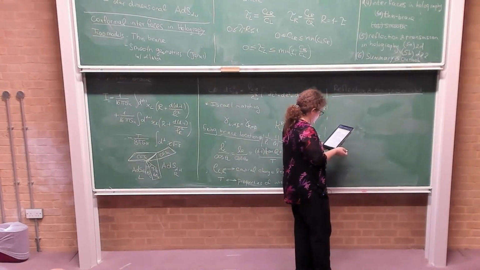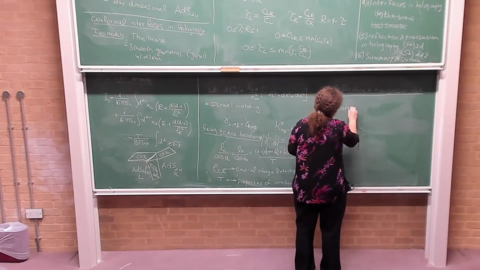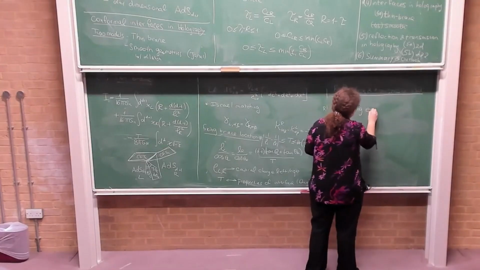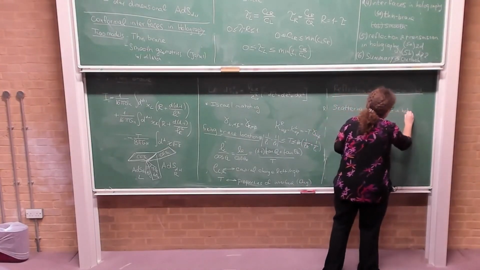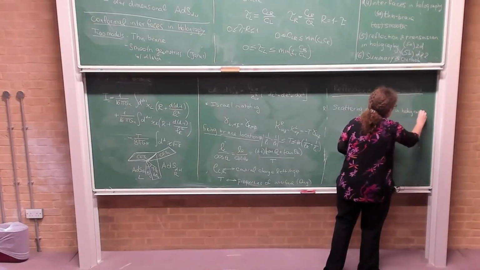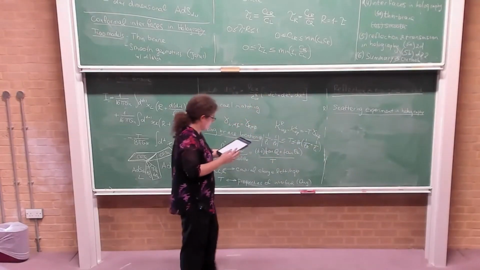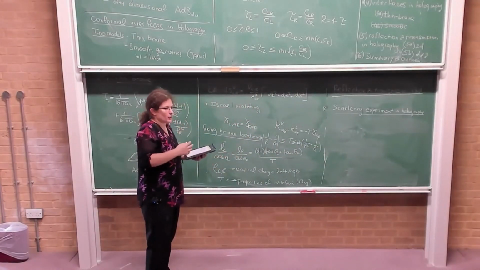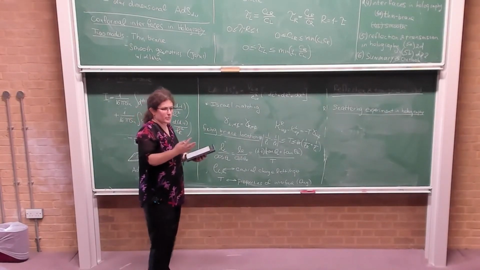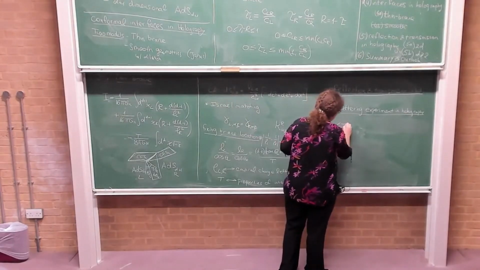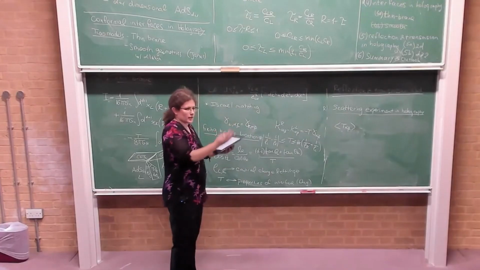So what exactly is the scattering experiment in holography? What we have to do now is turn on a certain perturbation, and the way we do that, because our setup contains only a metric, is to turn on a certain expectation value for the stress tensor. So we're going to have an expectation value for the stress tensor, which should take the form of some shape.